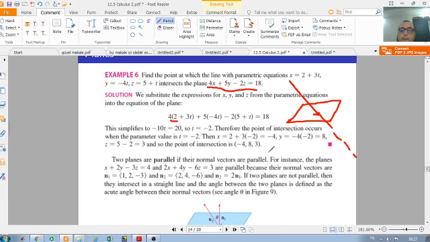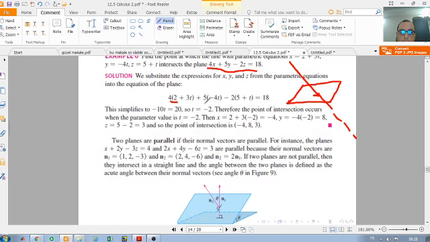So in order to find the intersection point, of course we will get a common solution for the equations of the line and plane. For this, we write the parametric forms of the variables x, y, and z using the parametric equations of the line into the equation of the plane, you see.